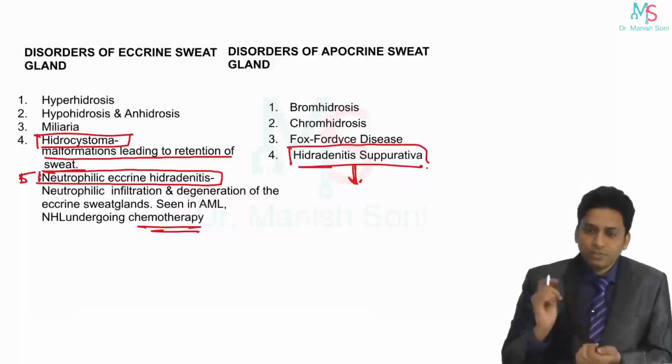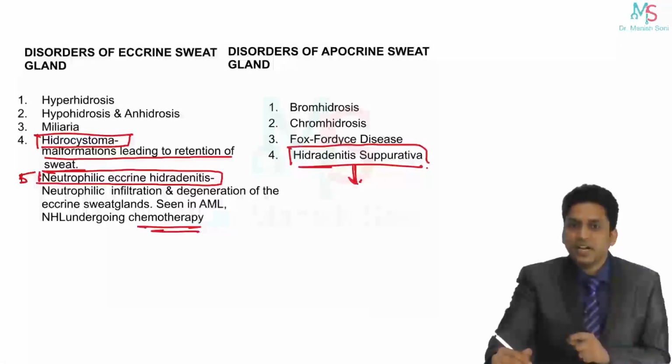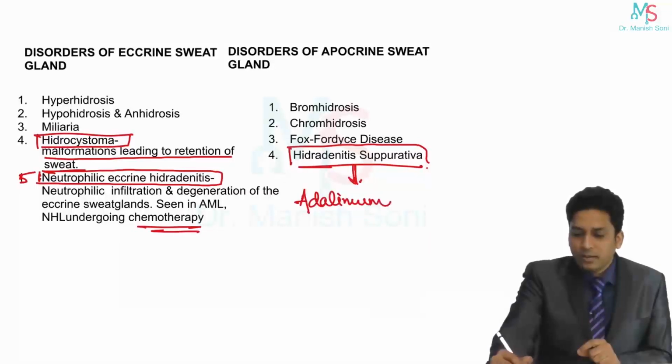One important point which you need to remember here is that there is one biological drug which is approved for use in hidradenitis suppurativa. So you can write down one important fact, and that drug is adalimumab, which is a TNF alpha inhibitor.